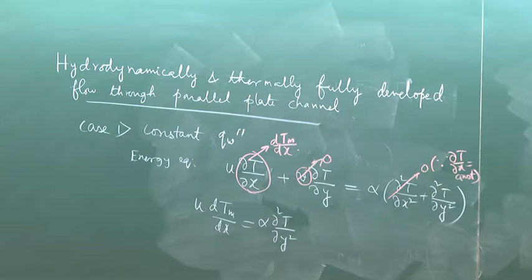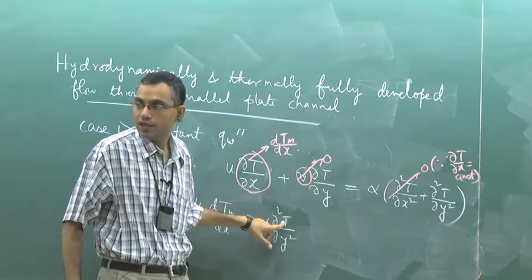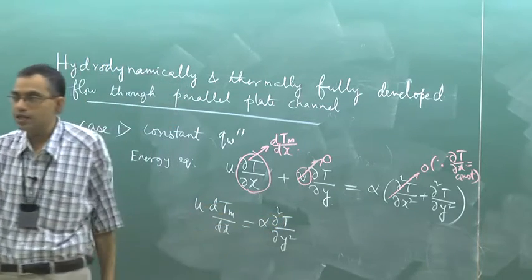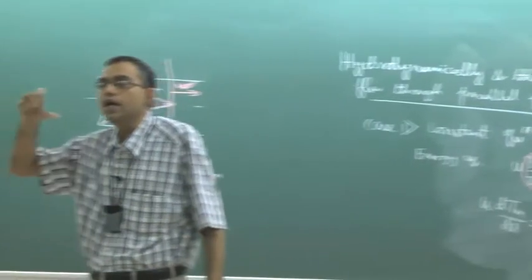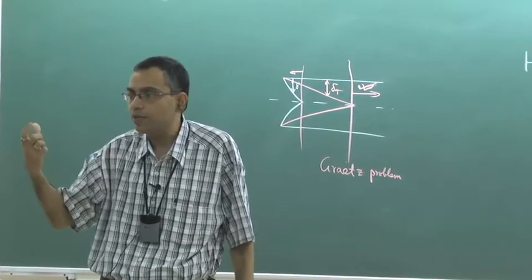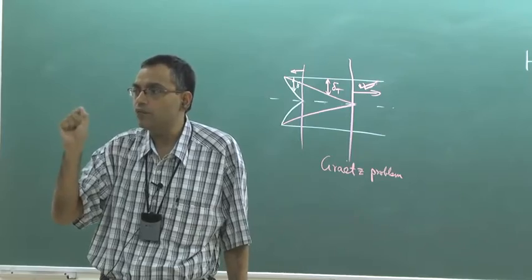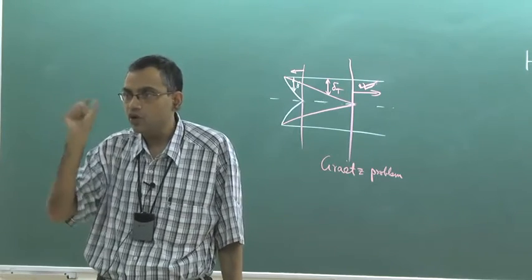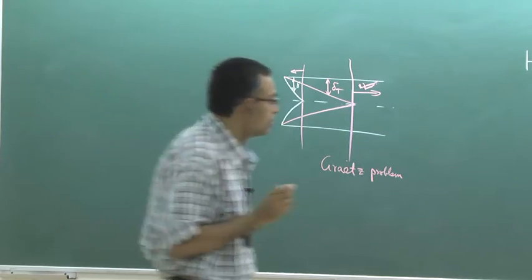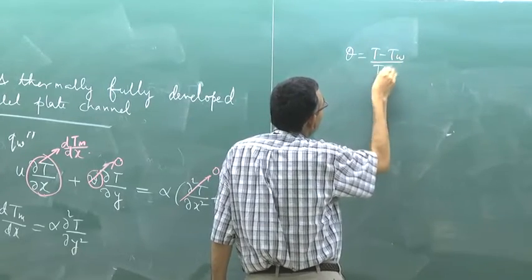Now we will change these variables from T to theta, the non-dimensional temperature which does not vary with x anymore for thermally fully developed flow. Why do we want to change the variable? Because T is a function of both x and y, but for thermally fully developed flow theta is only a function of y but not a function of x. So theta is T minus T wall by Tm minus T wall.